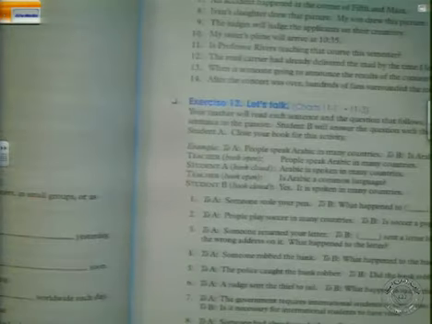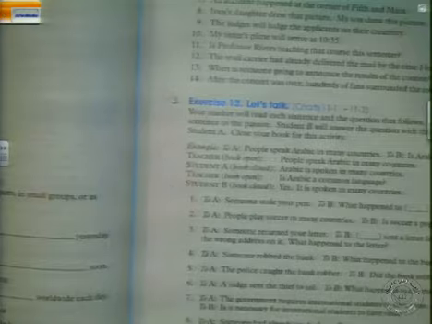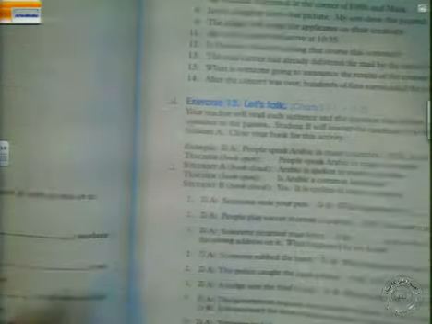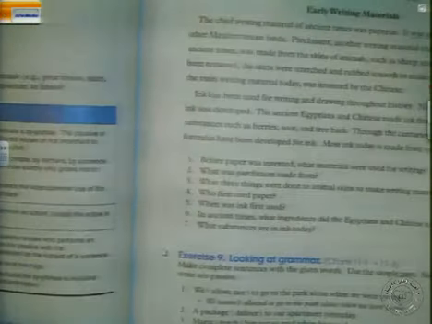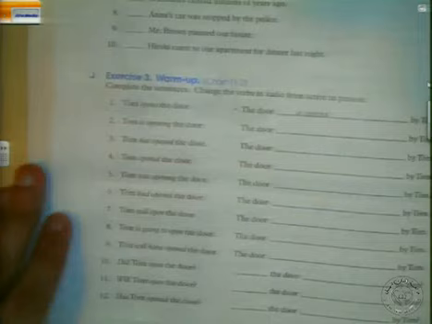I want to do with you one exercise. I think it's very easy. So on page 212, let's do the easy exercises together.